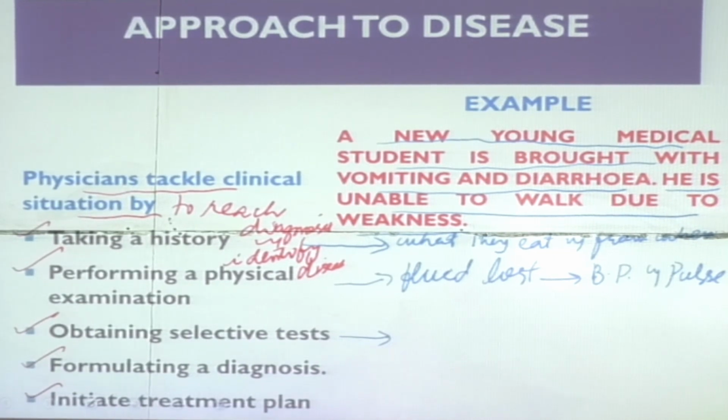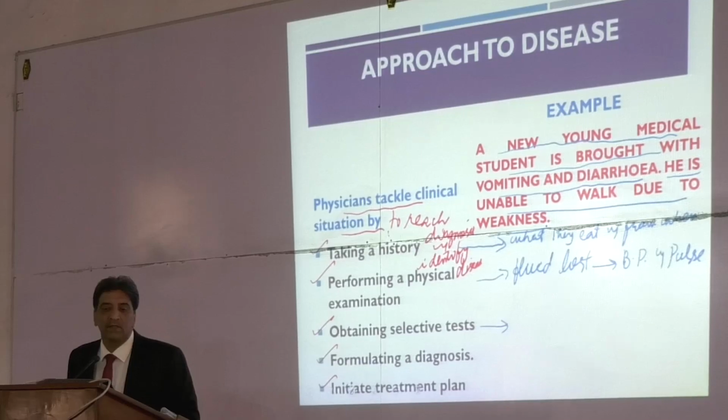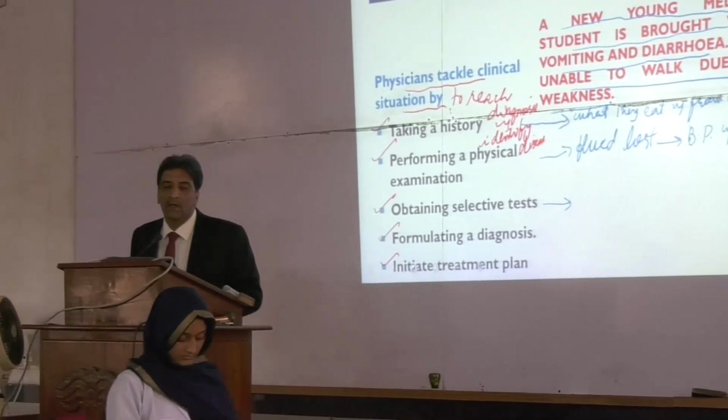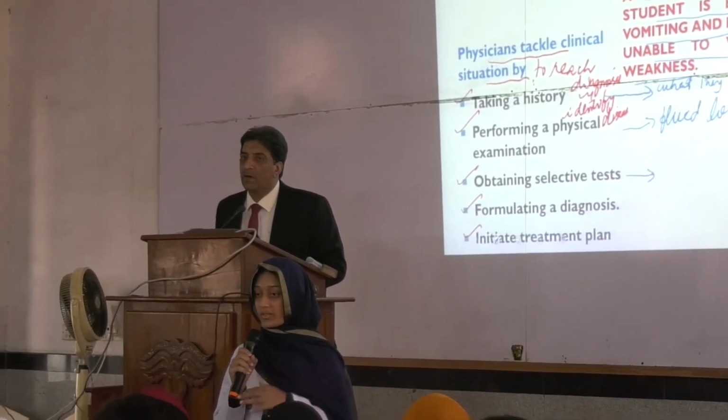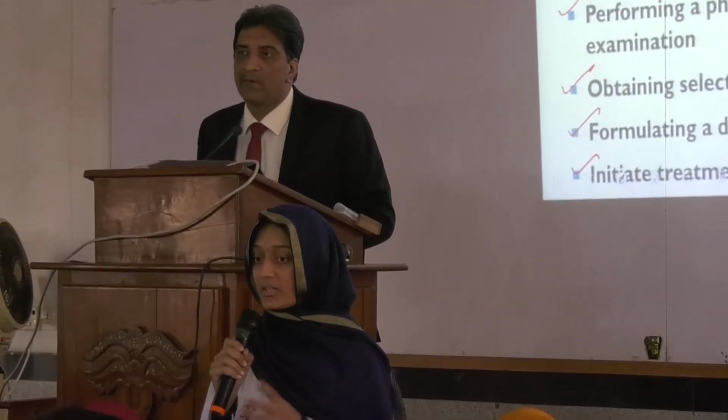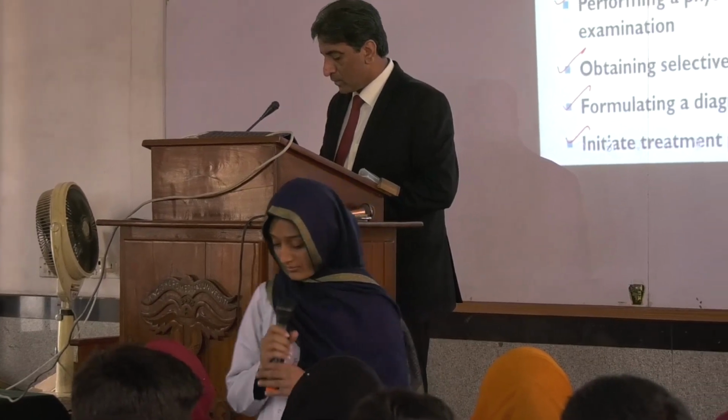So, what tests will you advise on the basis of the knowledge that your patient has vomiting and diarrhea? What is lost in the diarrhea and the vomiting? We will definitely require a blood test, and through the blood test, we will evaluate the ions and the imbalance that occurs due to diarrhea. The ions that we will focus on will be sodium, potassium, and calcium, so that we can move further with our diagnosis.